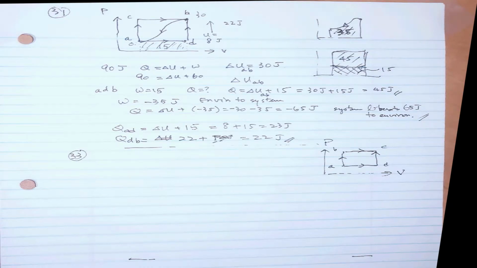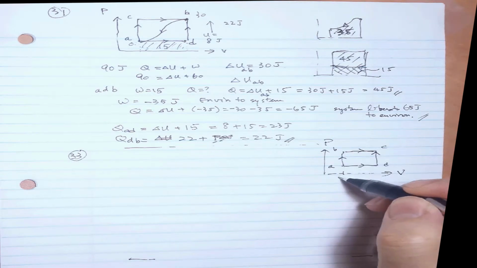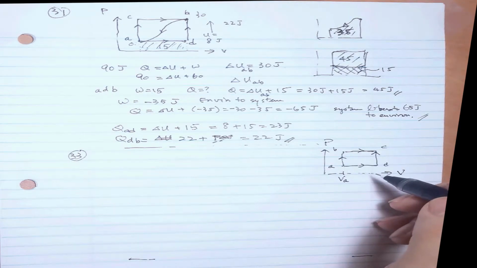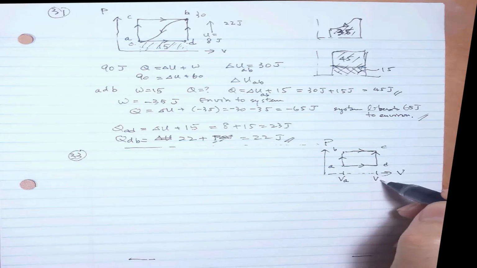So what they're saying is these are 4 states of a system. The volume of the system at A and B, which means this one is VA, and at C and D is just called VC, okay?